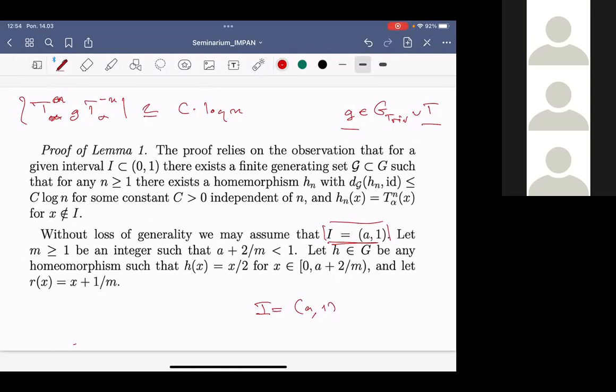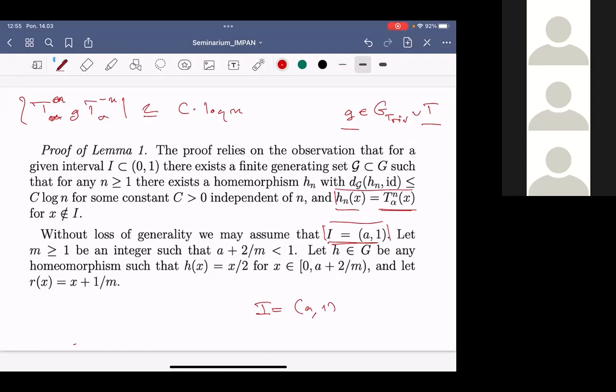And what we are going to do, we will prove that we are able to define some homeomorphism Hn, which will be equal to T alpha to the power n on the interval [0, 1] excluding our interval I. So this will be such a homeomorphism that it will behave like our rotation, but only on all elements from [0, 1] excluding elements from this interval I. This is the main part of this proof.